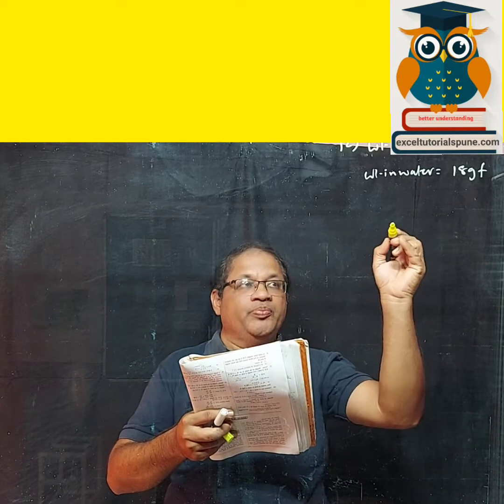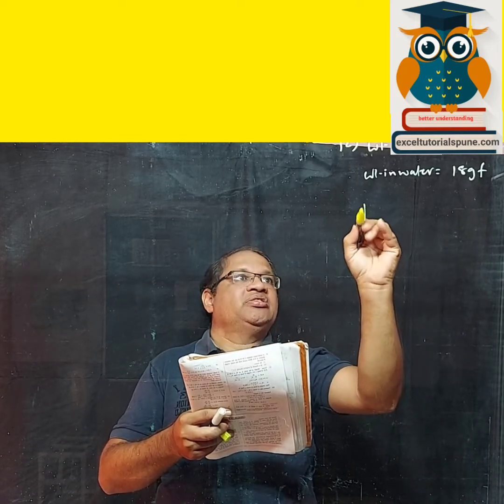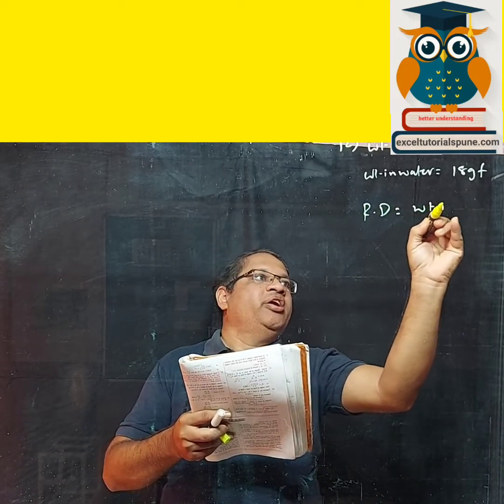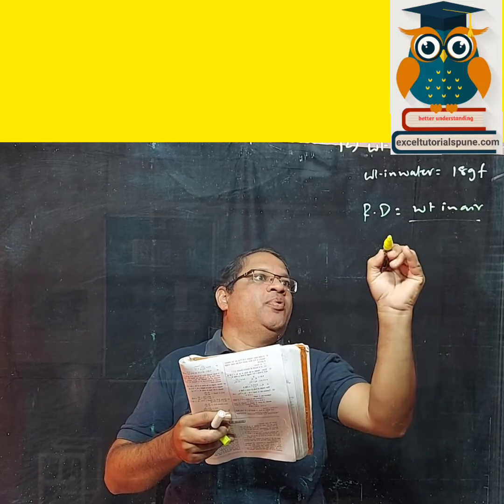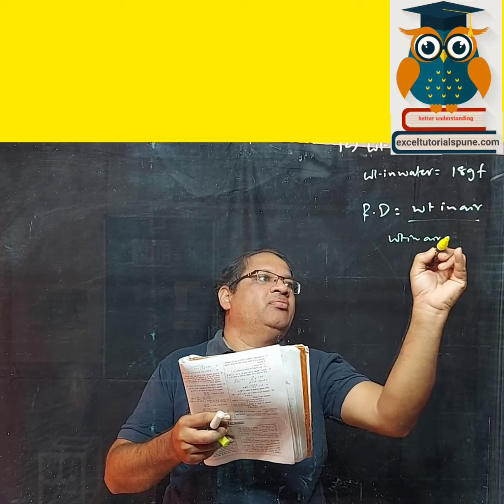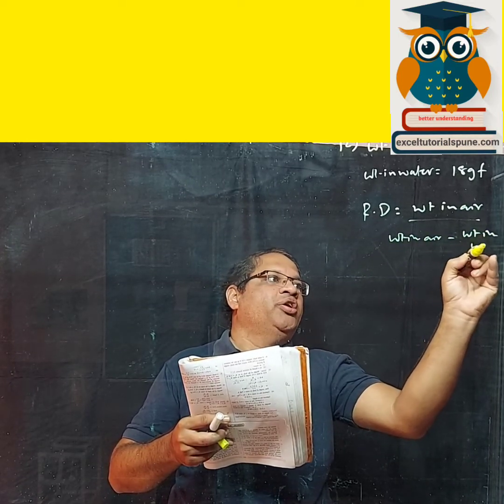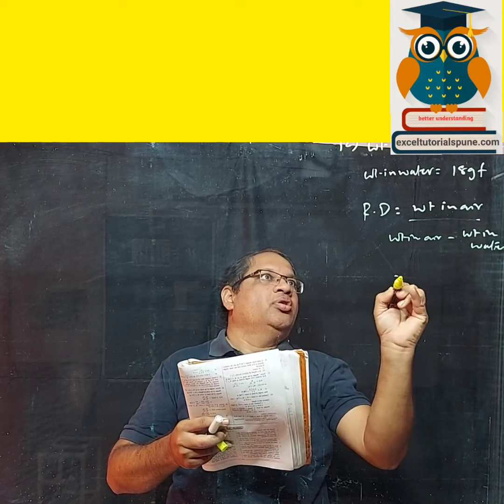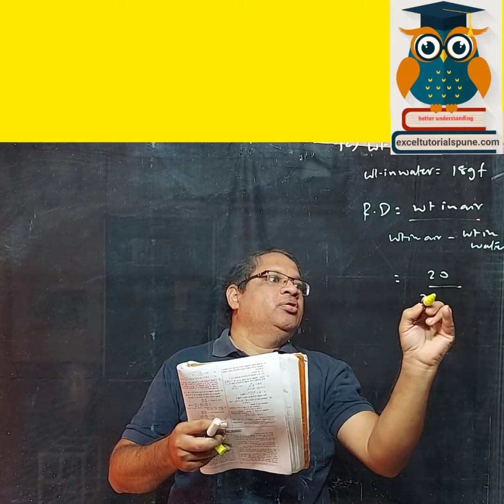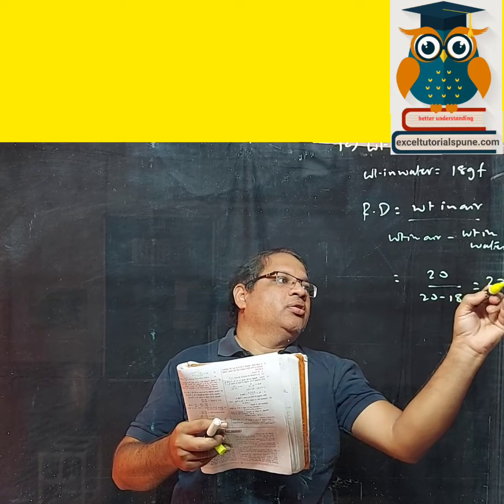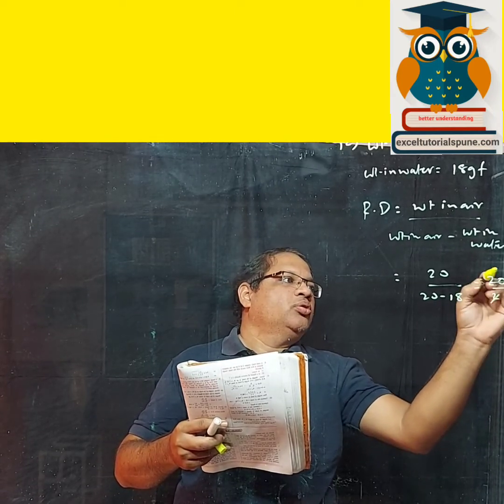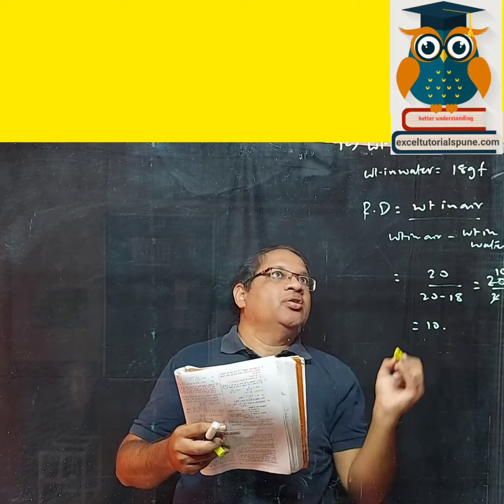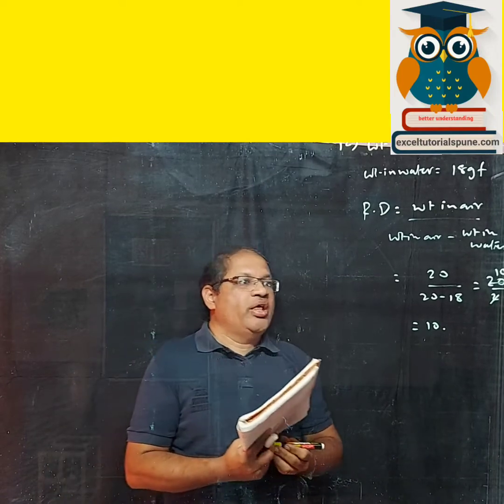Then relative density, weight in air upon weight in air minus weight in water. Weight in air is 20, 20 minus 18, 20 upon 2, that is 10. Okay, that's how we do the 12th sum.